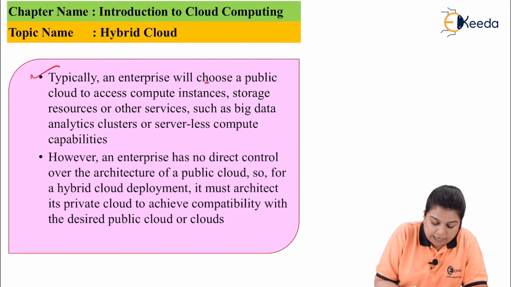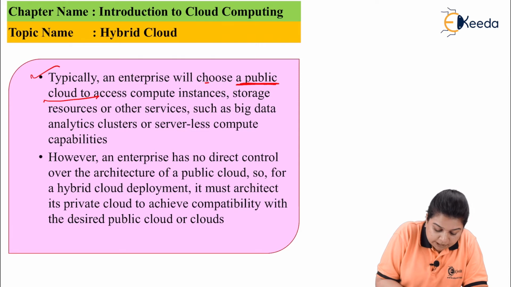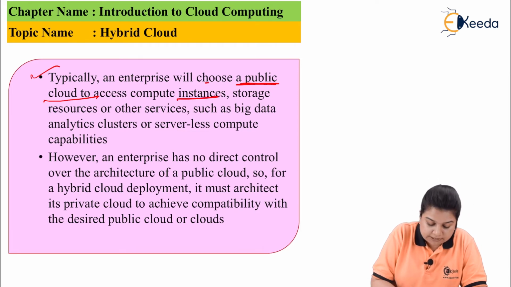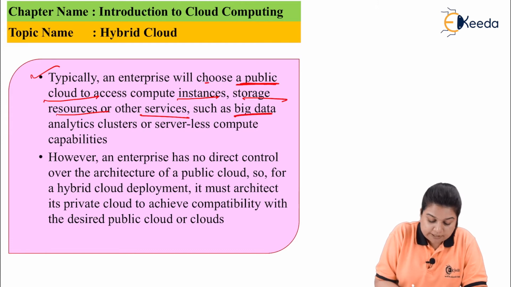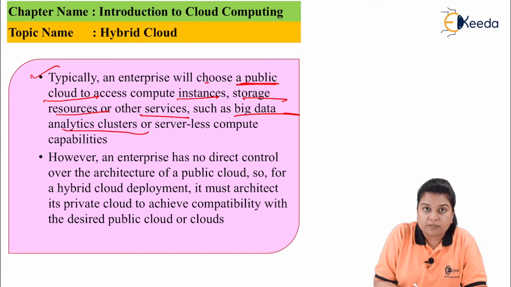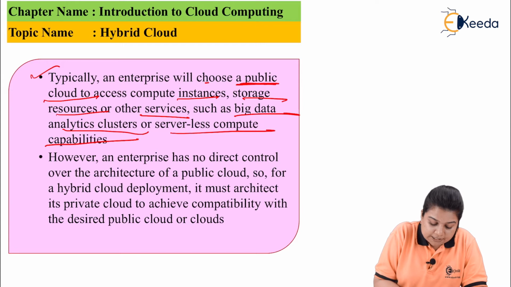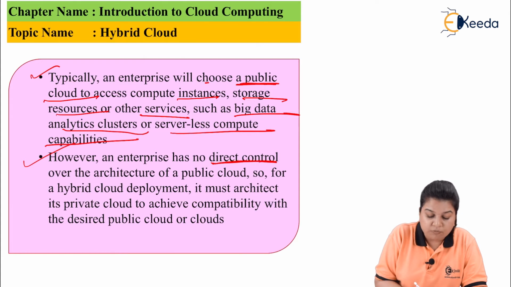Now, typically an enterprise will choose a public cloud to access compute instances, storage resources or other services such as big data analytics clusters or serverless compute capabilities. However, an enterprise has no direct control over the architecture of a public cloud.